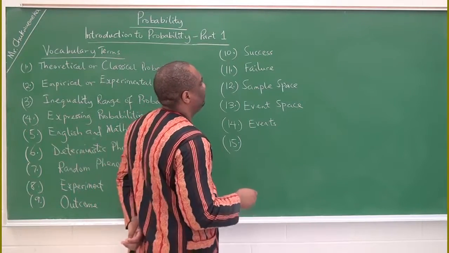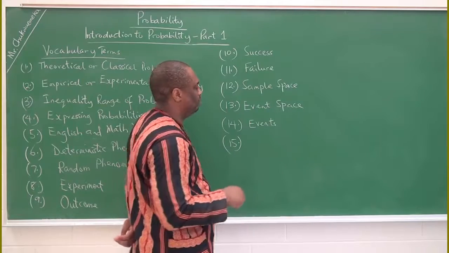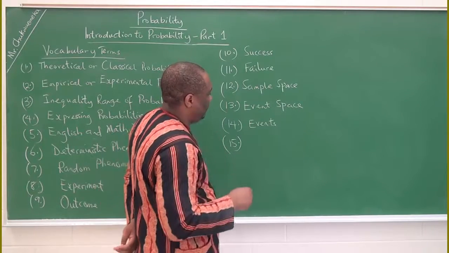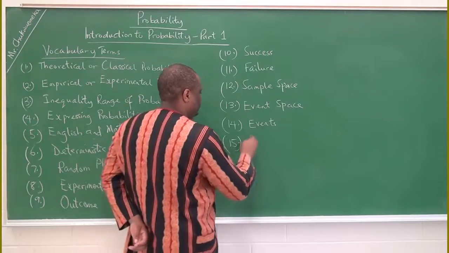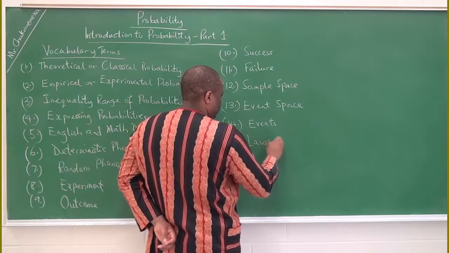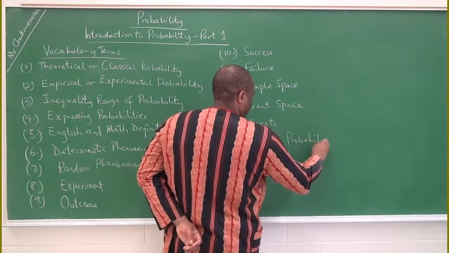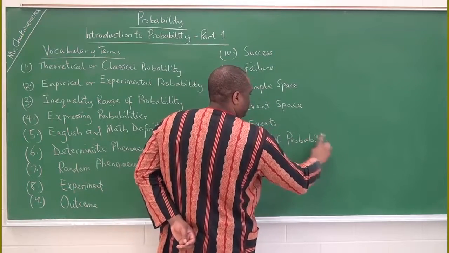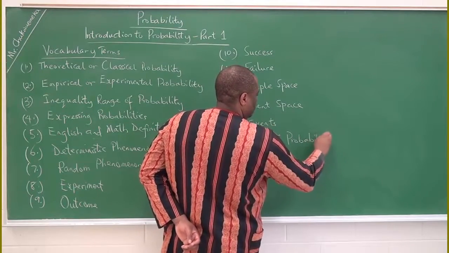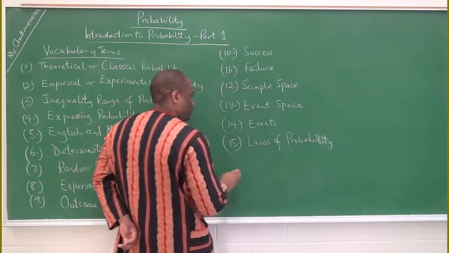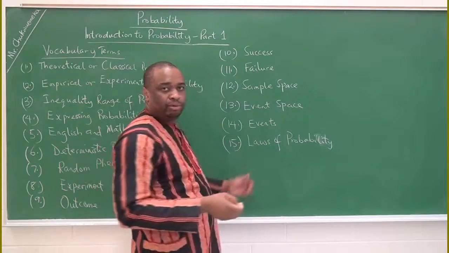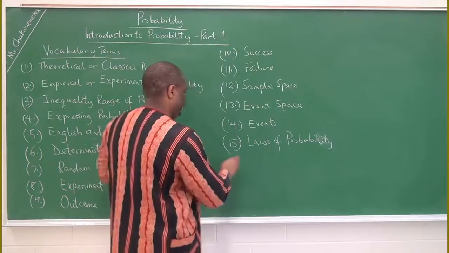We will talk about the history of probability. That's the first thing we should have put. We have the laws of probability: the addition law, the multiplication law, or the rule. Some textbooks say rules of probability.